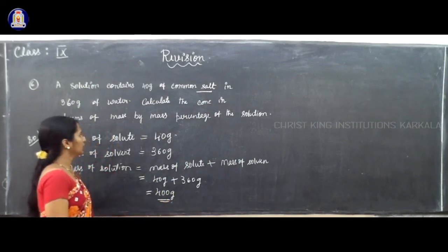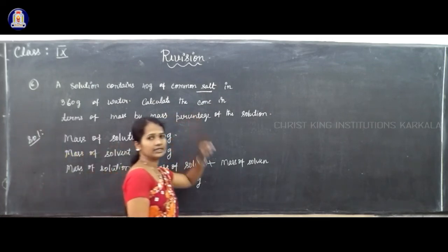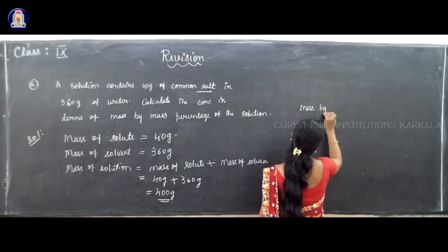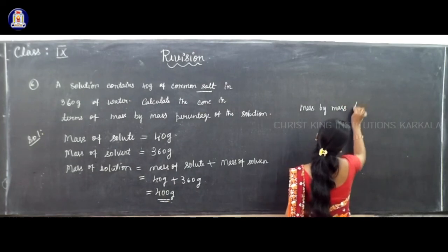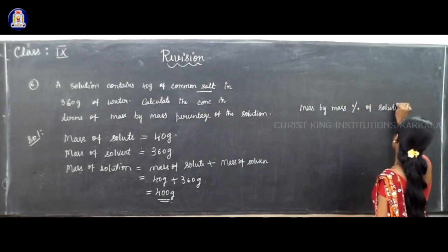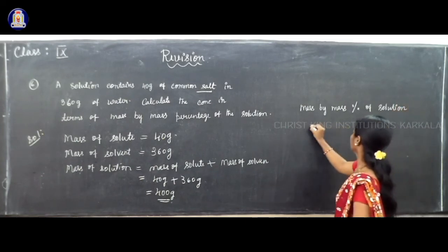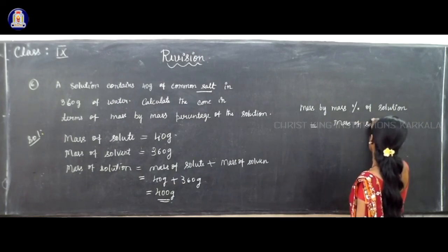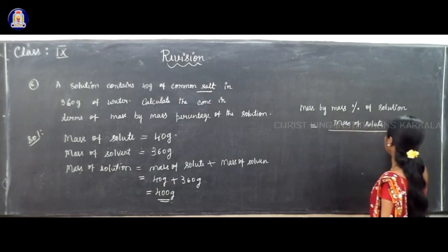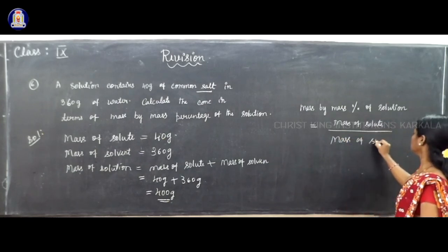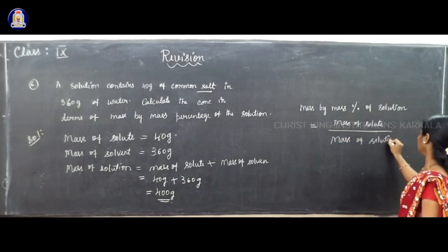Now write the formula: mass by mass percentage of the solution, which is equal to mass of solute divided by mass of solution into 100.